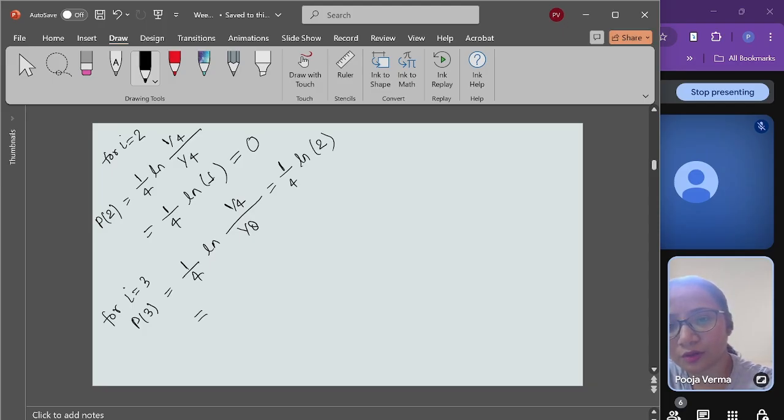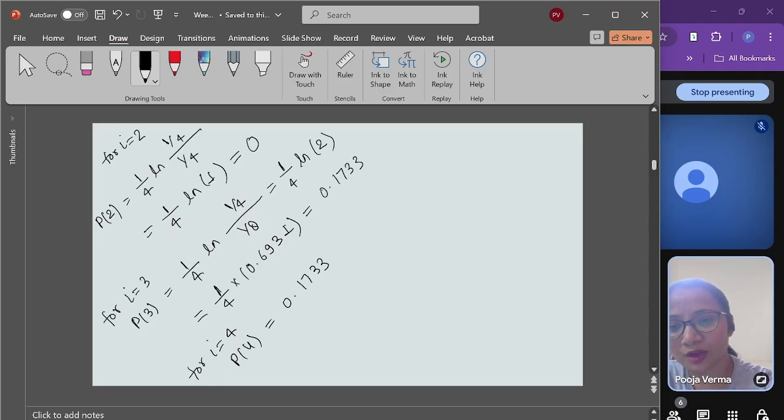What will be the value for natural log 2? Can you just check in the calculator and let me know? 1 by 4 multiplied by 0.6931. Okay, so if you just divide and multiply it, you will get 0.1733. For i equal to 4 the value is same, so for P4 itself you will get 0.1733.